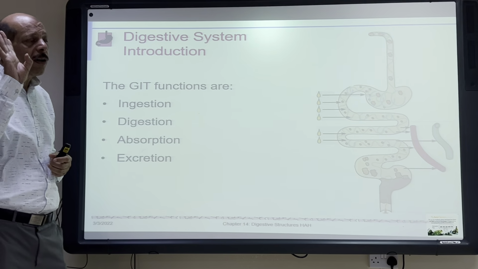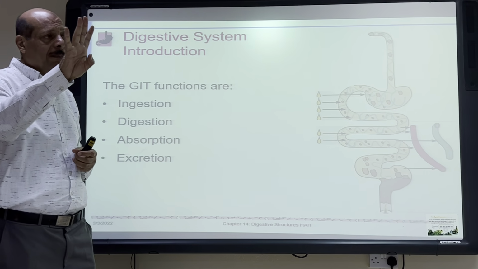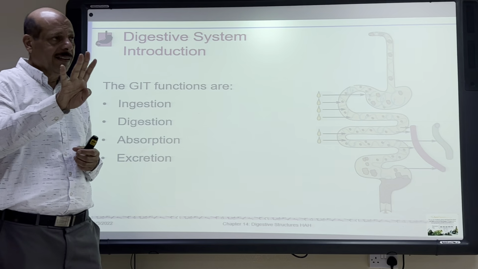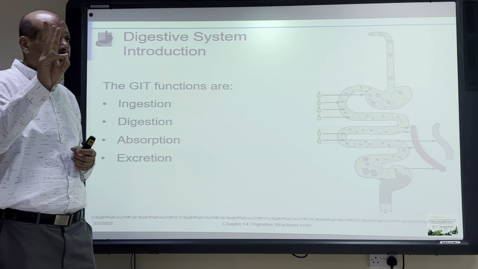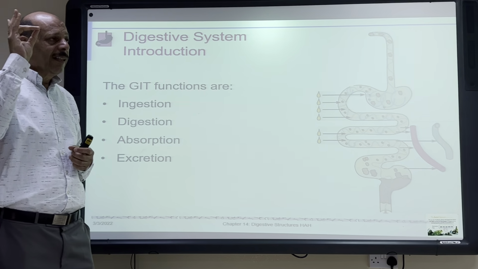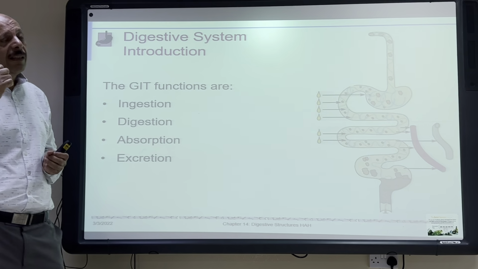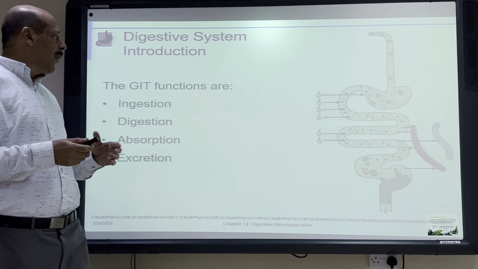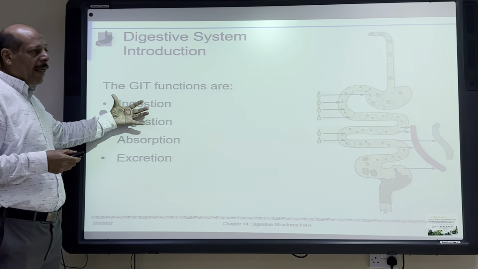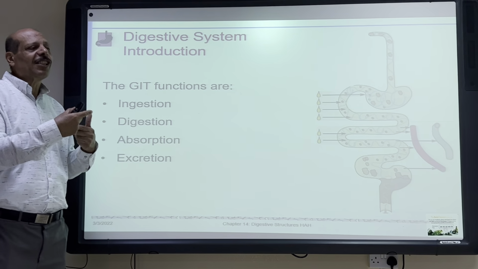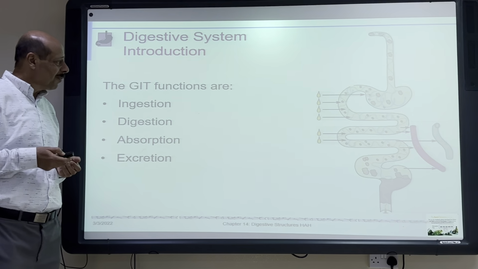So there are four main functions of the gastrointestinal tract: ingestion, digestion, absorption, and excretion. And for each function, there are special organs for processing that function.